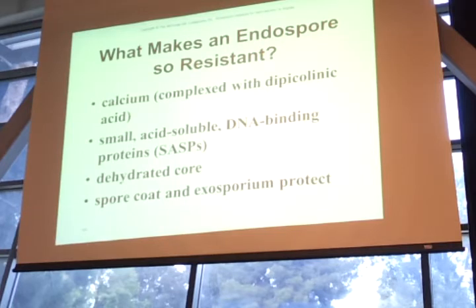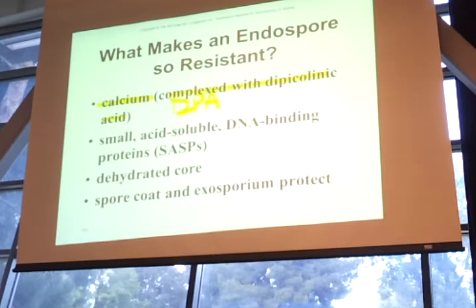But it also is thought to be resistant because of this calcium and the dipicolinic acid, sometimes referred to as calcium dipicolinate. However, some of the other structures that are also very resistant don't have calcium and dipicolinic acid, which is really referred to as DPA.